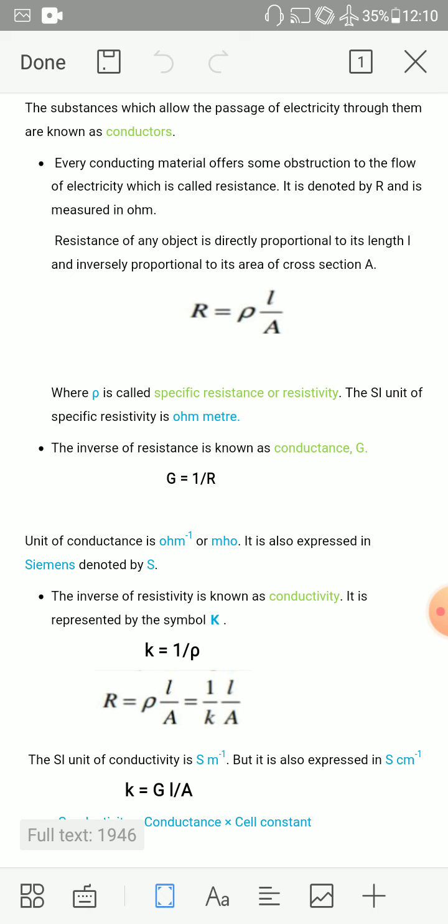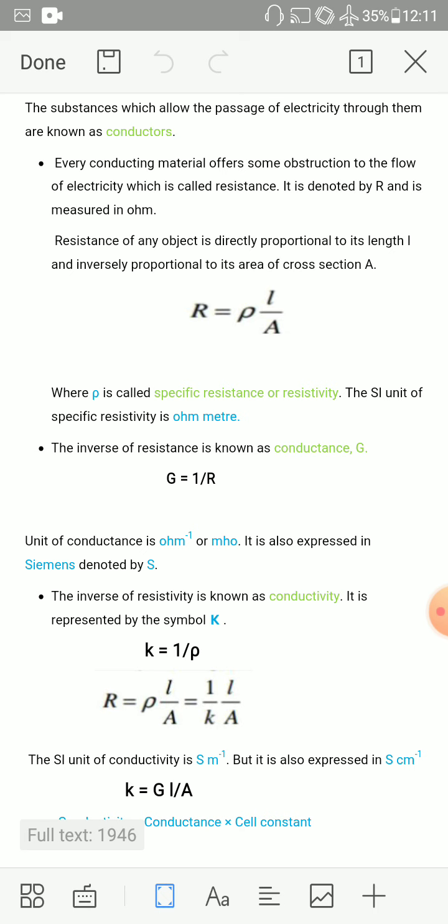The inverse of resistance is called conductance. That is represented by the symbol capital G, and conductance is the inverse of resistance, that is G is equal to 1 by R. The unit of resistance is ohm, therefore the unit of conductance is ohm inverse, or it is also called mho.